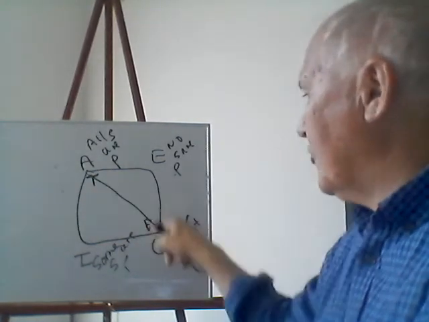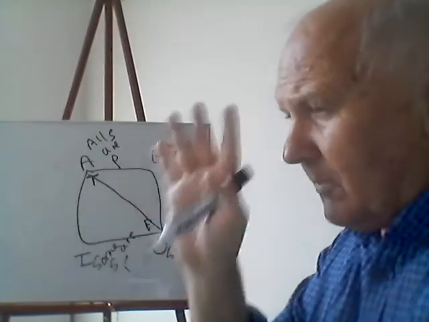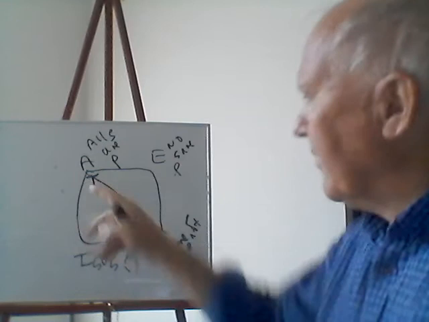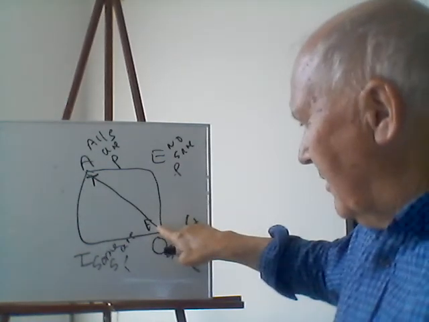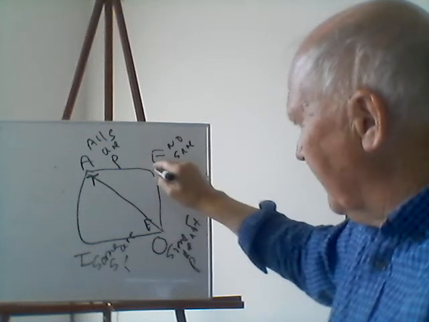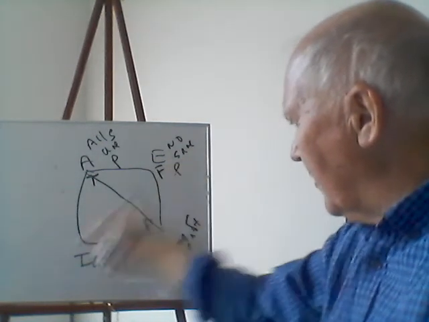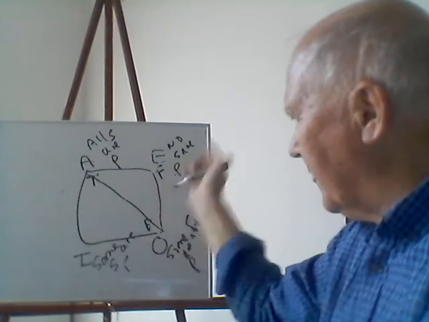These are contradictory. This is in your book, so you can check it out. I'm not going to go over too much. If this is true, that's false. If this is false, then you could go up, and that's false. These are contradictory statements. When you go along the diagonal, they're contradictory, always opposites.